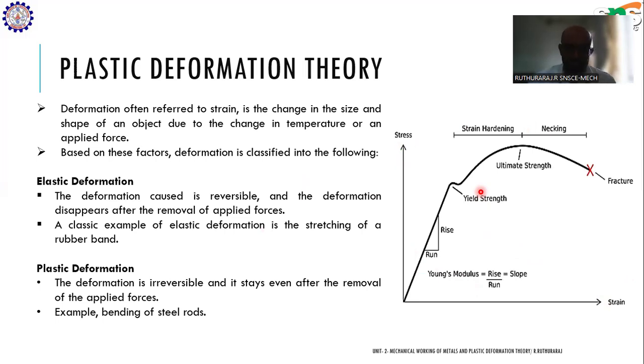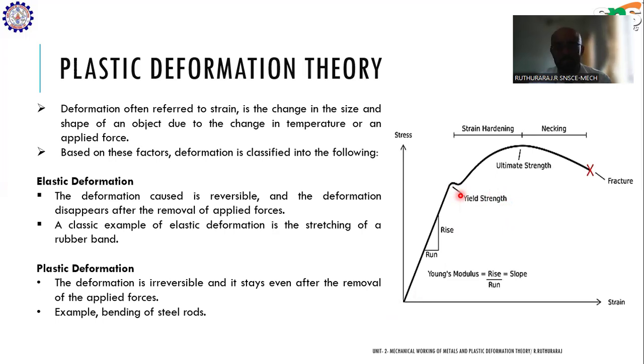Initially, when the load is applied, the stress value increases, and similarly the strain value increases in a linear manner. With increase in stress, strain also increases up to a certain point, which is called the yield point. Up to that point, the material undergoes elastic deformation.